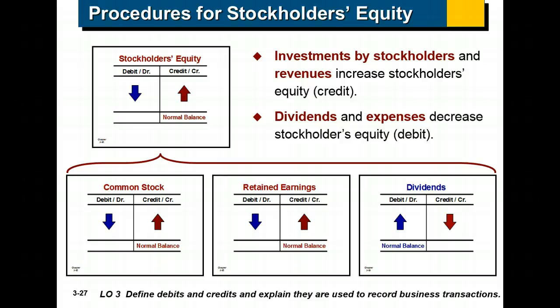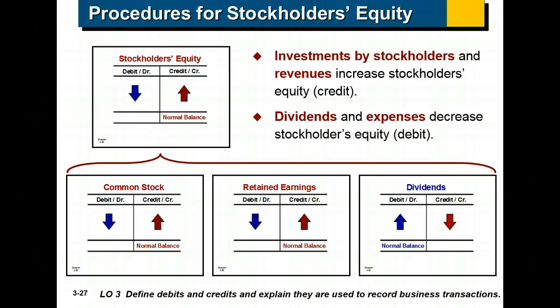So, investments and revenues increase the stockholders' equity section. Therefore, we're going to credit that account. Dividends and expenses reduce the stockholders' equity section. Therefore, we'll debit those accounts because we're reducing stockholders' equity.